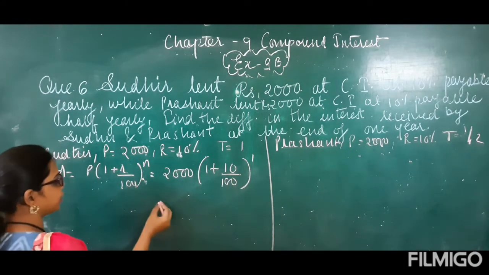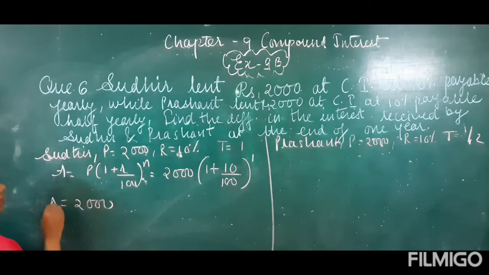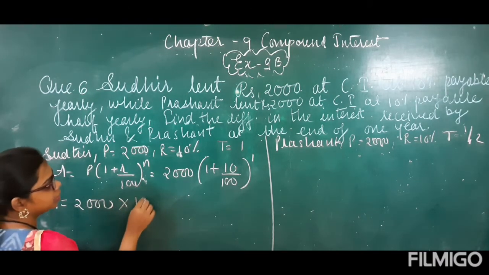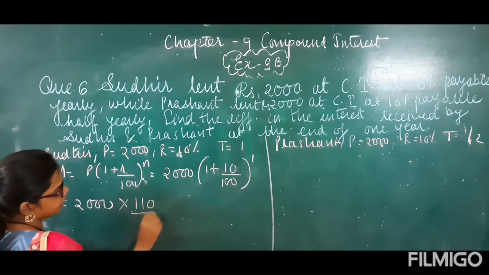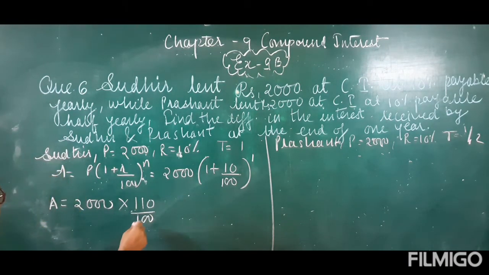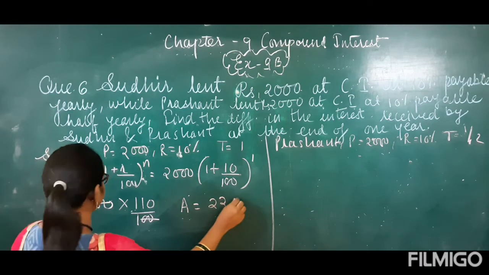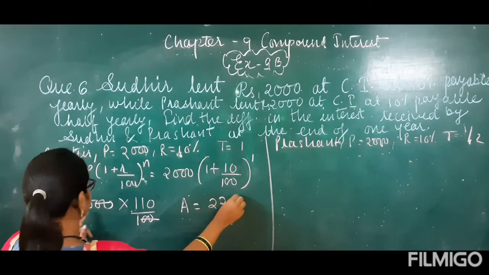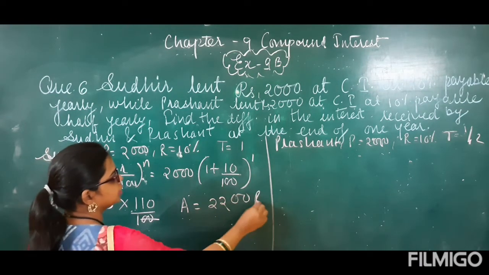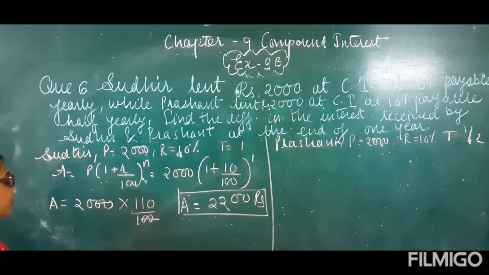So from here you will get amount equal to 2,000 into 110 upon 100. Okay, so this 20 and this 20 get cancelled. So amount here is 2,200 rupees. So amount here is how much? 2,200 rupees.